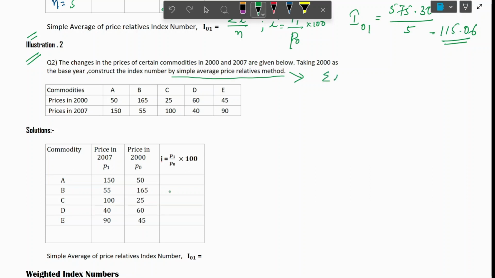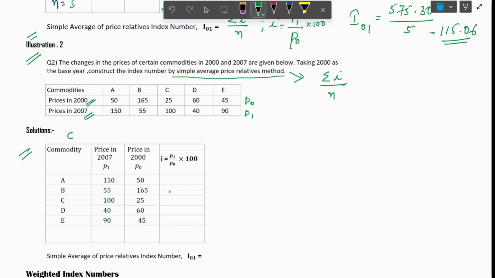That means formula, it is summation of I divided by N. Now check the questions, that is what is given. Yes, price in base period and price in current period. That means 2000 base year, 2007 current year. Therefore, this column related to P0, this column related to P1. Now you are going to make the table. That is your step number 1.